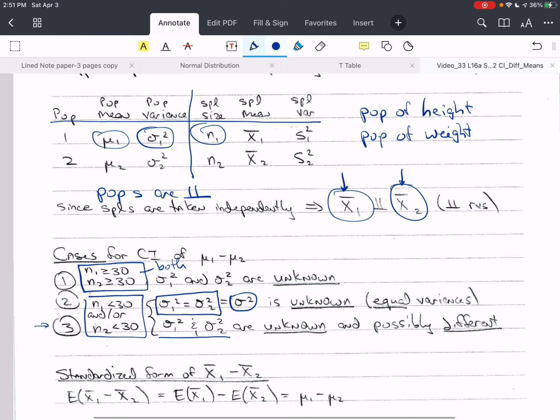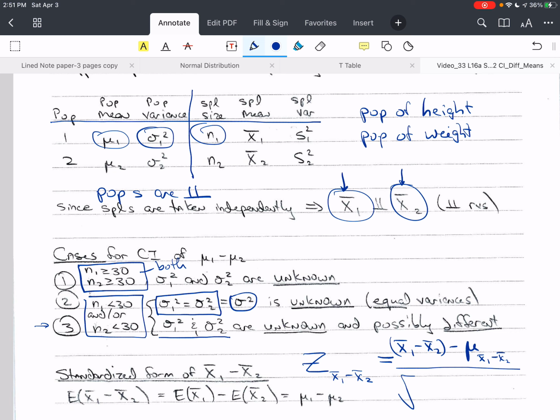Okay? We want to find the standardized form of x bar 1 minus x bar 2. I want to remind you that this is going to be the statistic, so x bar 1 minus x bar 2 minus the expected value of that, or the mean, mu of x bar 1 minus x bar 2, divided by the square root of the variance of x bar 1 minus x bar 2.